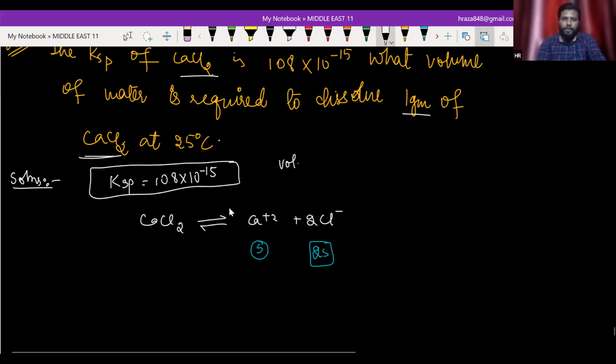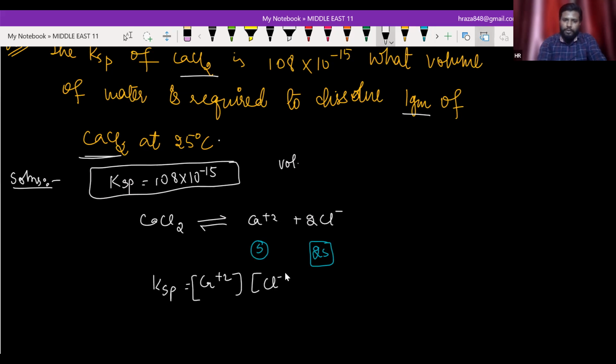Now, we are going for KSP. KSP will be equal to Ca2+ into Cl- to the power 2. Whatever is the coefficient will come in the power. Now putting the values, S into 2S whole squared.